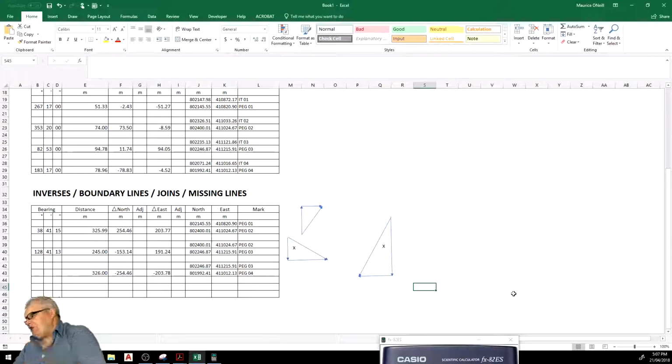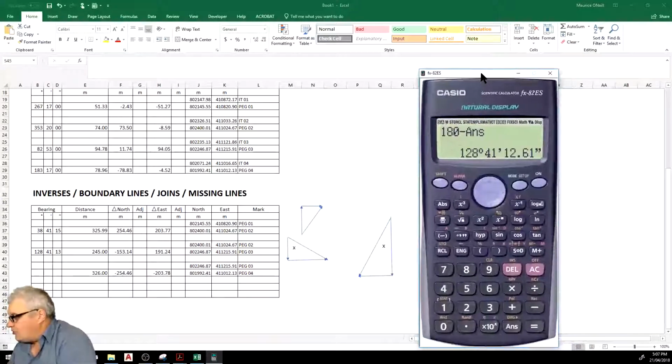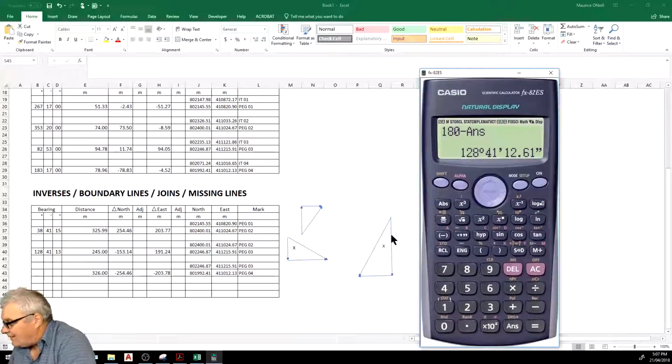Okay, so we get out our calculator in this instance. This is the angle in there that we want, and we've got our bearing from there, so we're going to have to add 180. I'll do it this way first. So shift tan to the -1, and that's 203.78.